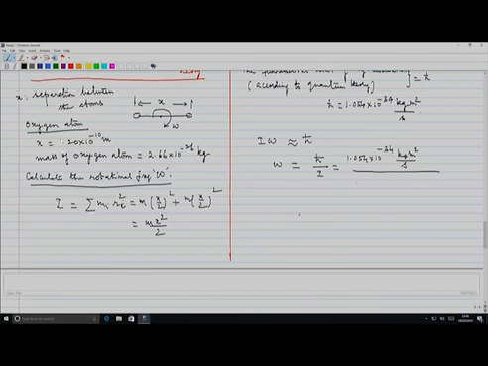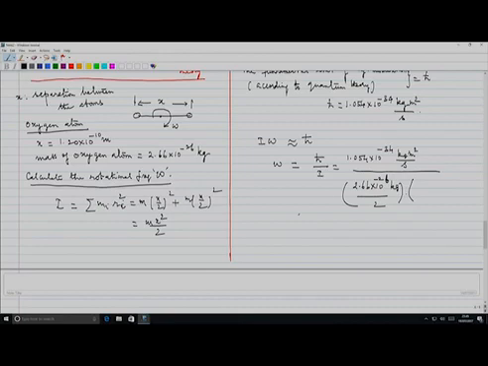M is 2.66 into 10 to the power of minus 26 kilogram, that by 2 into x squared.